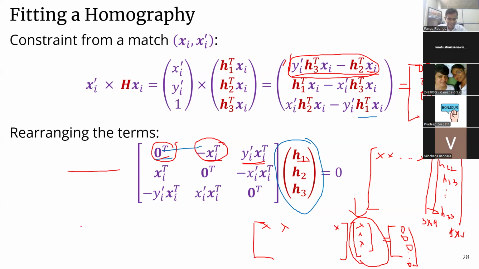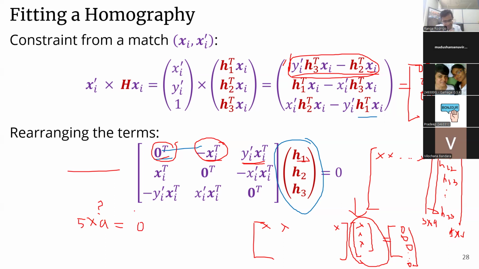It's like 5 times a equals 0. What is the possible value of a? Of course, 0.